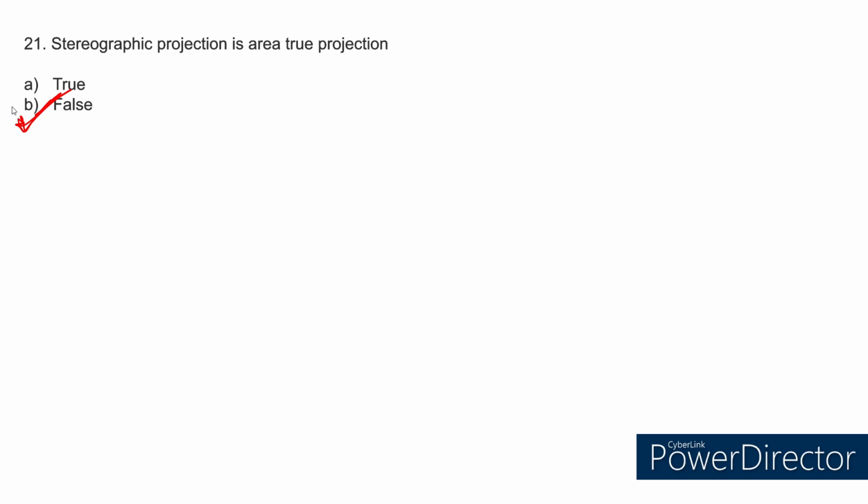Stereographic projection is a true projection. It is true. Stereographic projection is a true projection, so it has to be true.